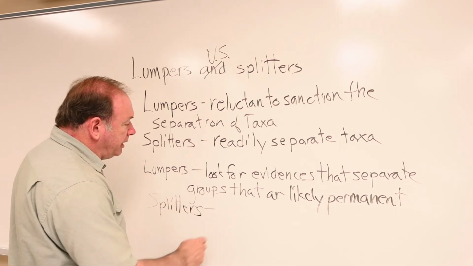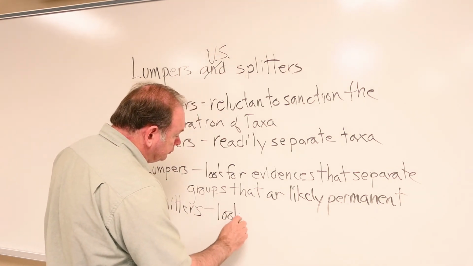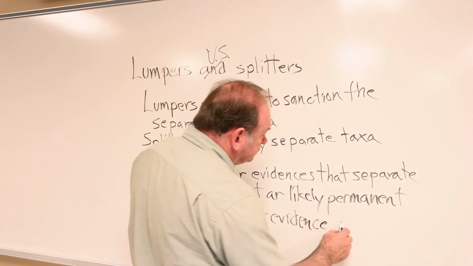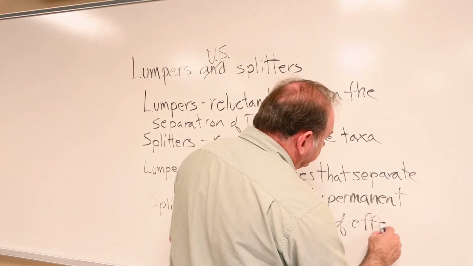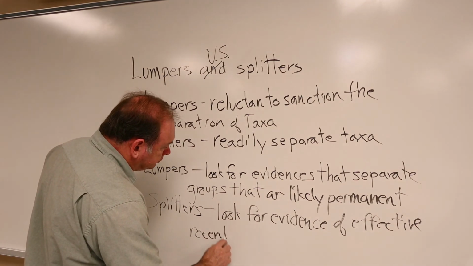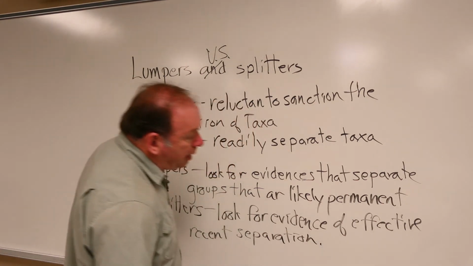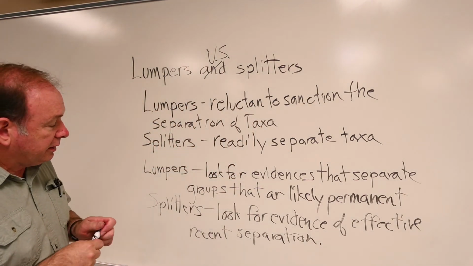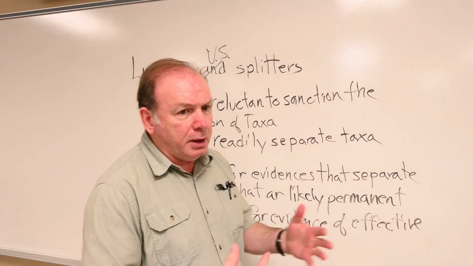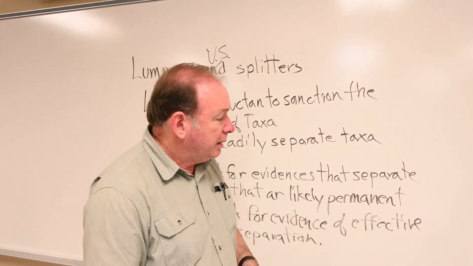Splitters don't need that permanence. All they need is the evidence for effective recent separation. That means that they no longer interbreed, even though maybe they could interbreed if they were in contact with one another. If they're no longer in the same place, they may separate those groups out.